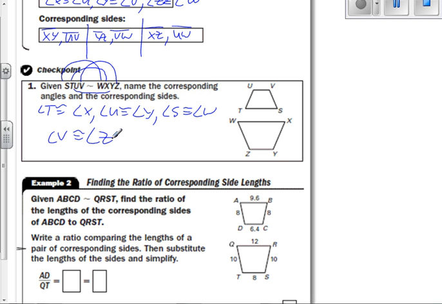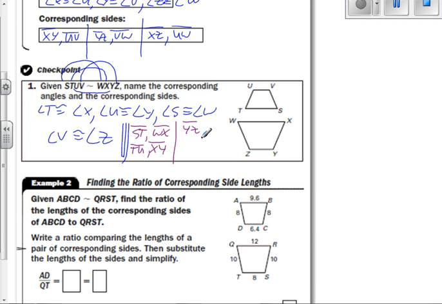All right. And then if you look at the corresponding sides, I'll pick a different color here. Corresponding sides, you know that ST and WX, and then we also know that TU and XY.